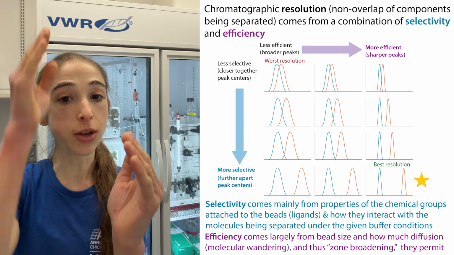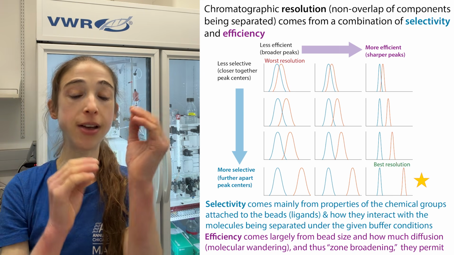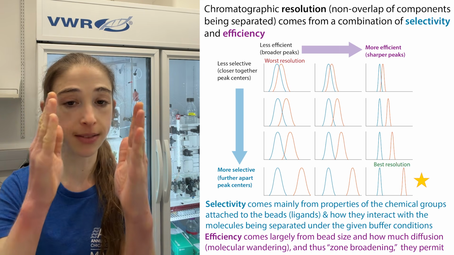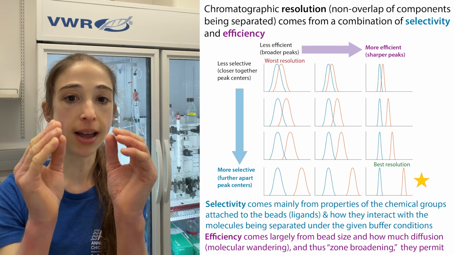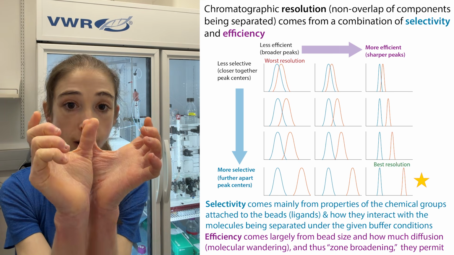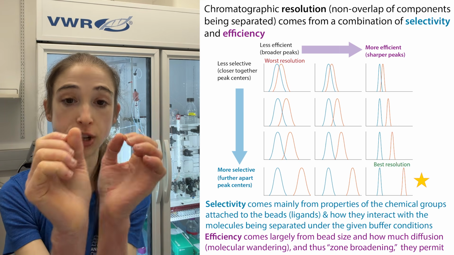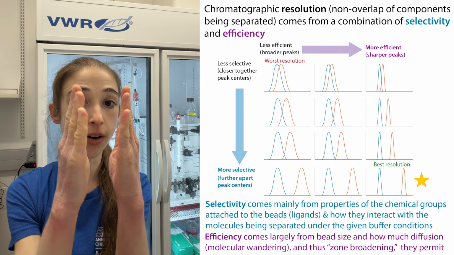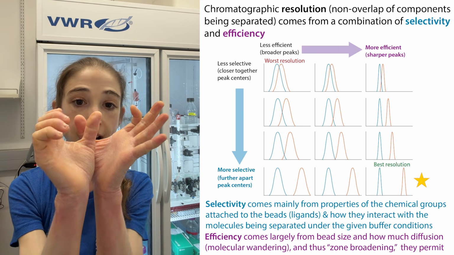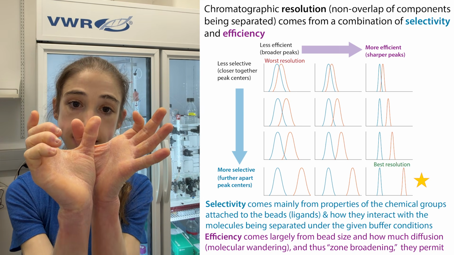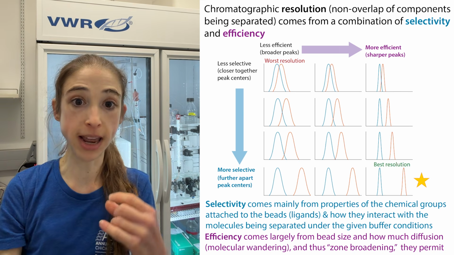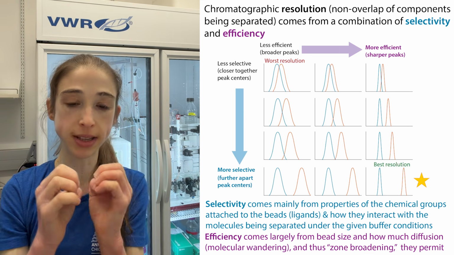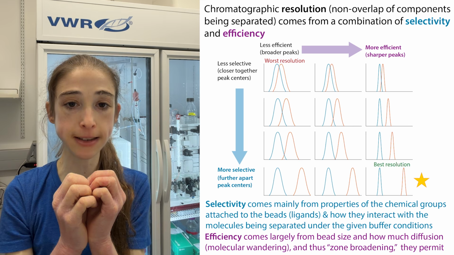But then you need to think, okay, I found this ligand that works well in being selective, but what if I'm getting peak broadening? That would be bad efficiency, which can make it so that even though they're farther apart in their centers, they're actually overlapping in their peaks. So then you might go from one of the bigger bead sizes to one of the smaller bead sizes.